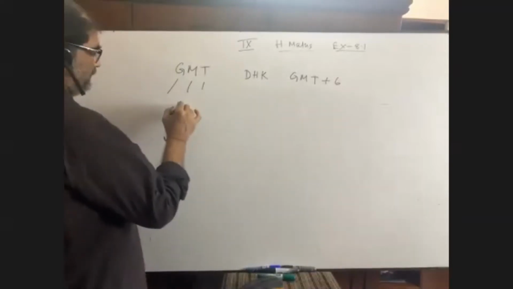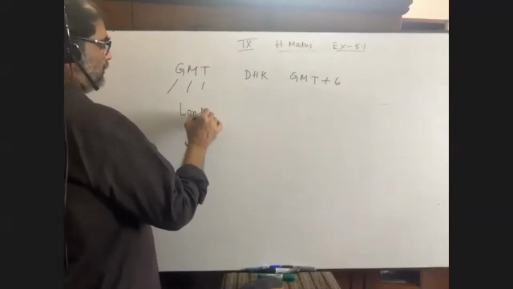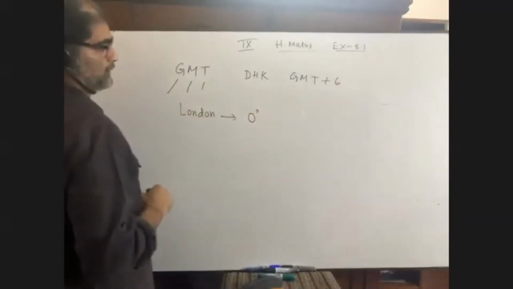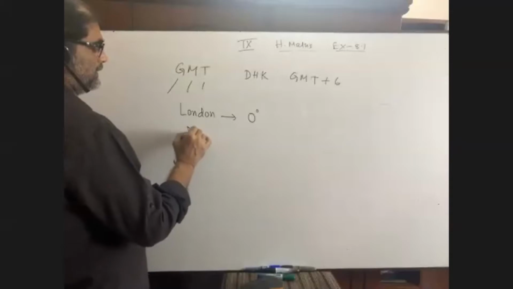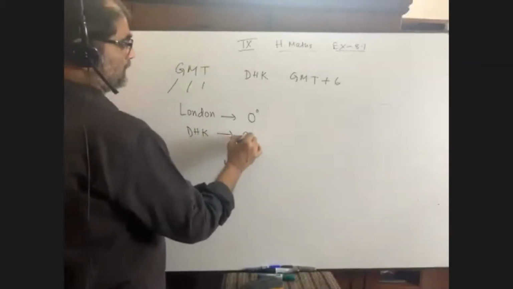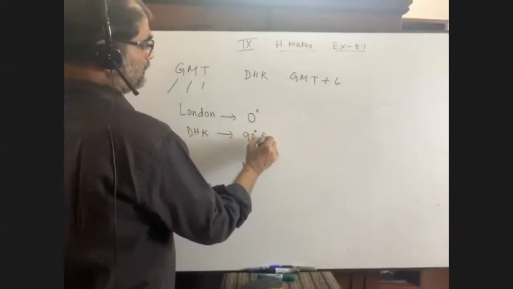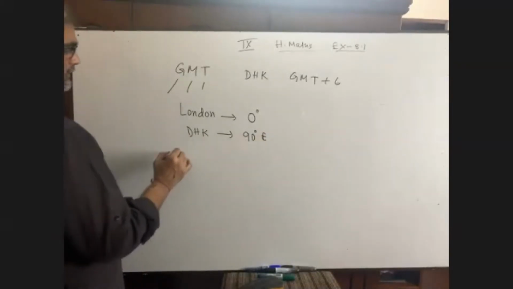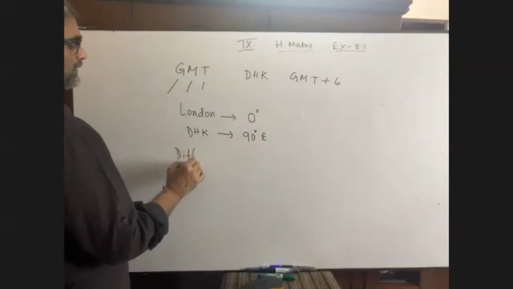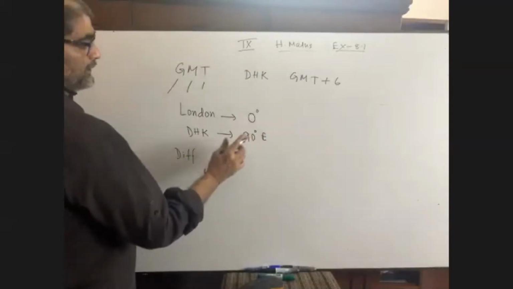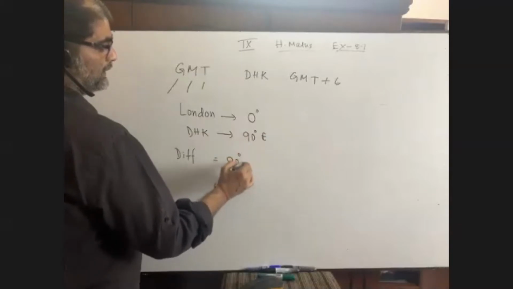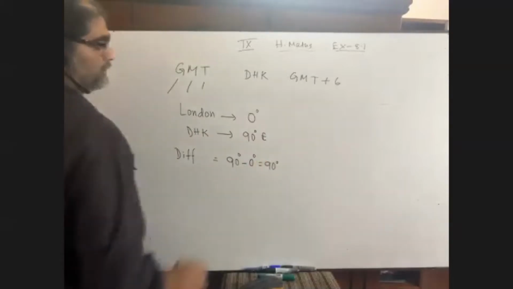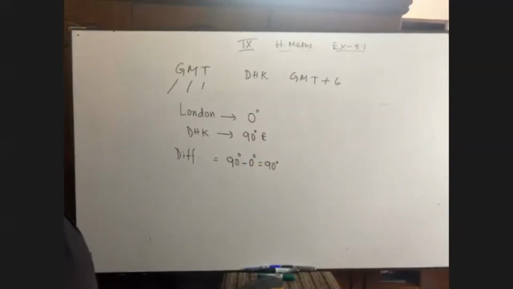Now you see, London is longitude 0 degree. Dhaka is longitude 90 degree east. What is their longitudinal difference? 90 degree minus 0 degree equals 90 degree. Per 15 degree, it is 1 hour.